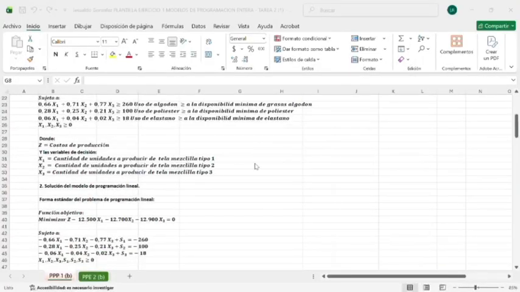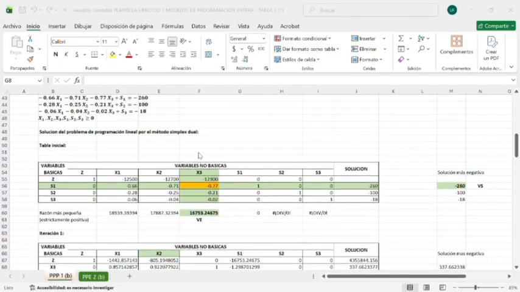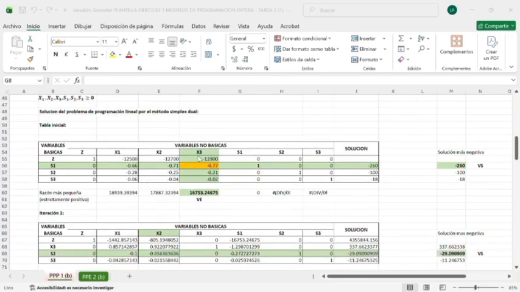But first, I'll present the results obtained from the linear programming model, which includes decimal values that we get from these steps and iterations.